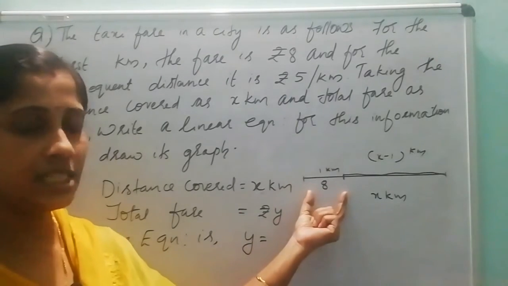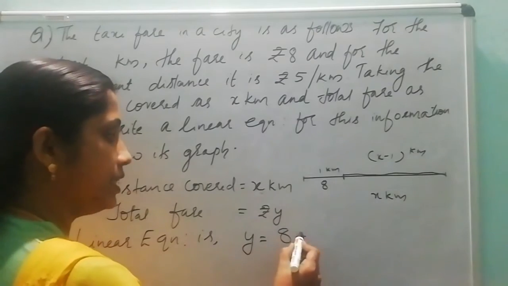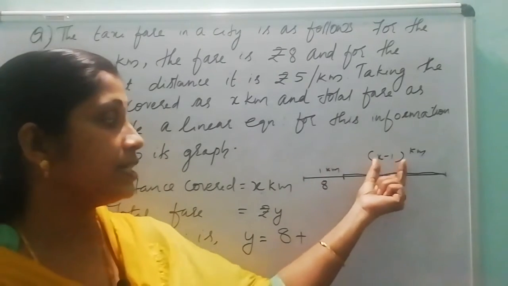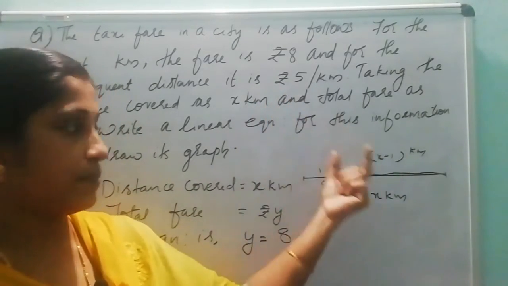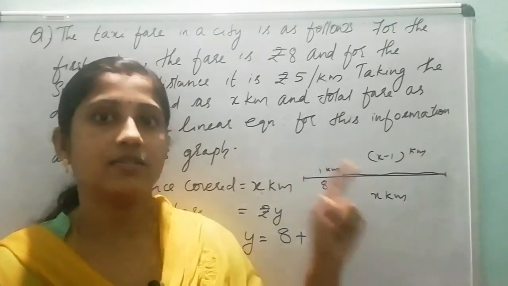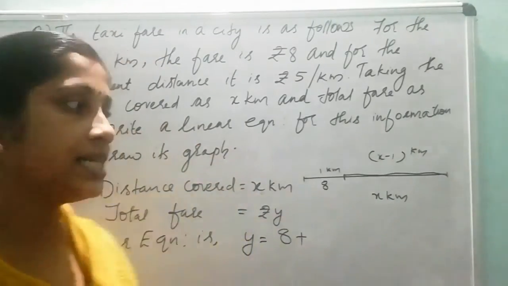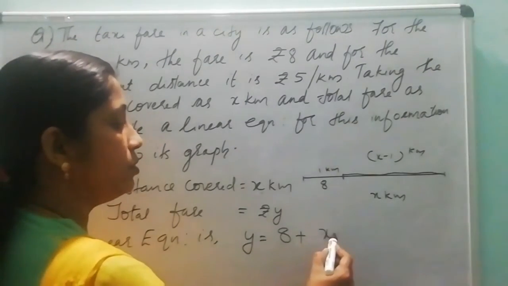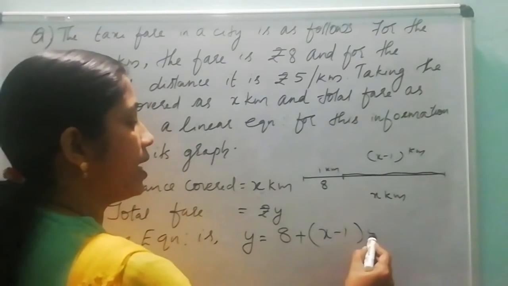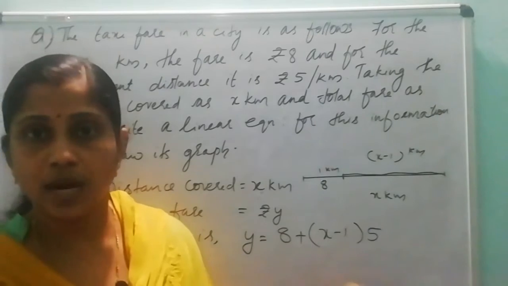First kilometer it is 8, so 8 plus, then for the subsequent kilometers, x minus 1, at rupees 5 per kilometer. So y is equal to 8 plus (x minus 1) into 5.